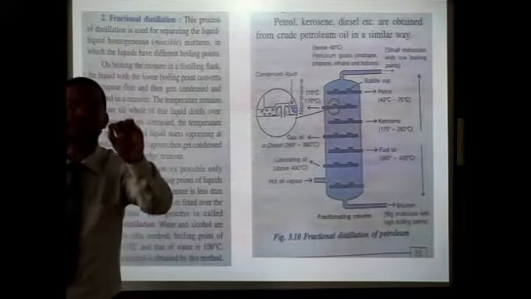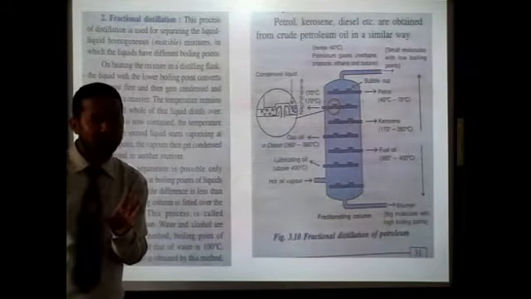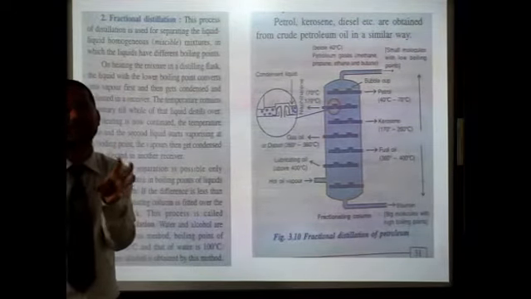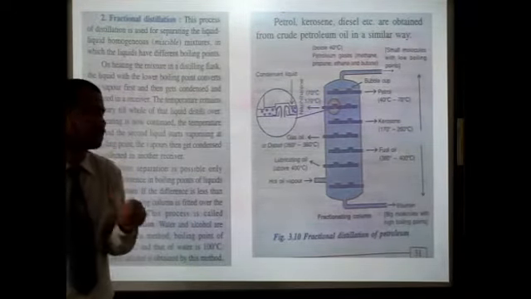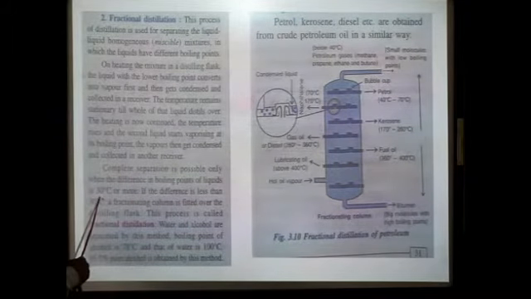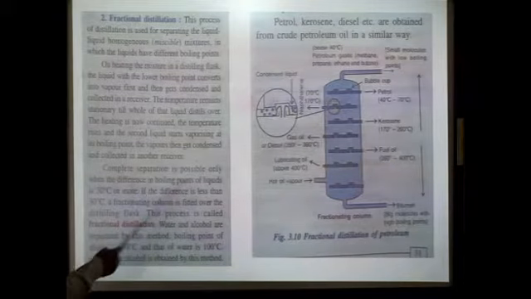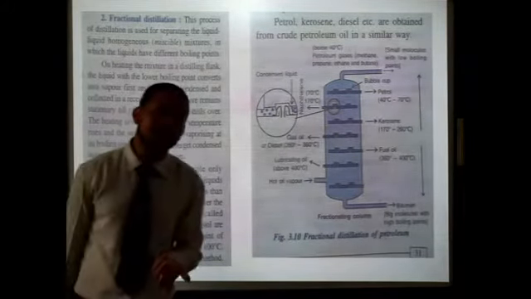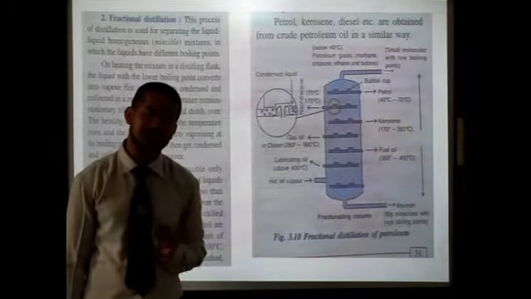Now, when is this fractional distillation 100% successful? When the boiling point difference between two components is less than 30 degrees Celsius. If the difference is more than 30 degrees Celsius, you can use simple distillation also.